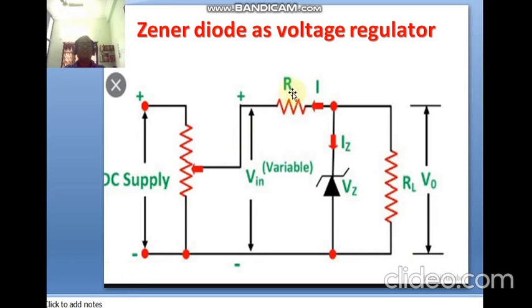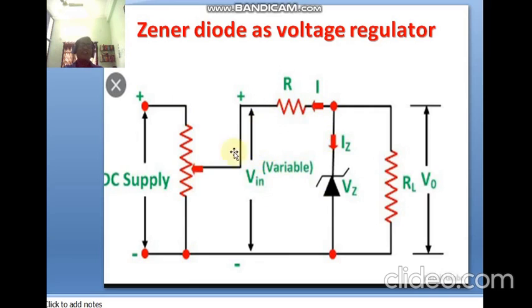Here the resistance is very high. Why do we choose a very high resistance? The current is fluctuating in Rs because Vin may be variable, with low or high values. These low or high values are regulated, because this is an unregulated circuit.